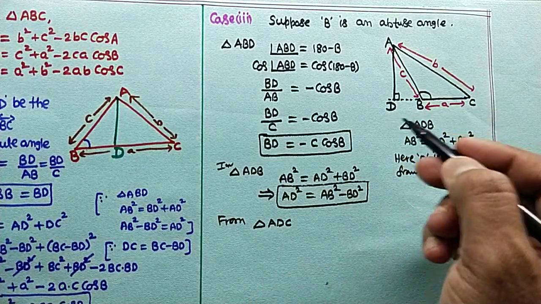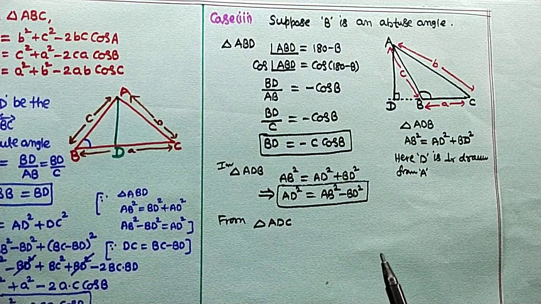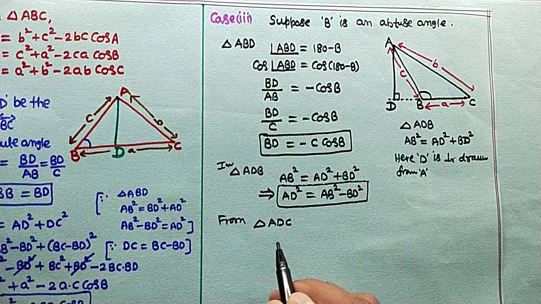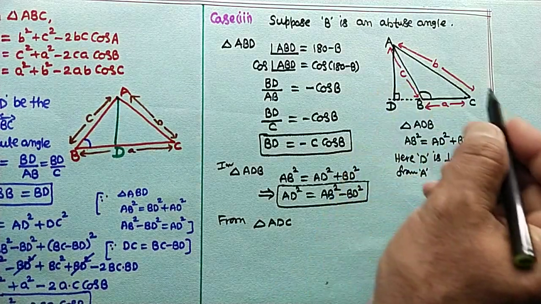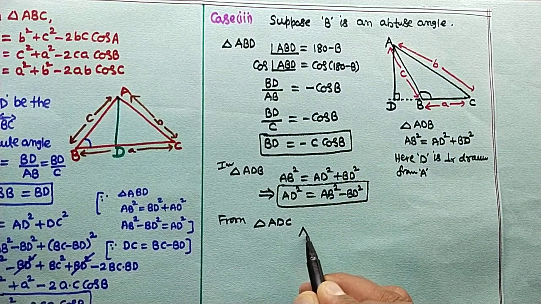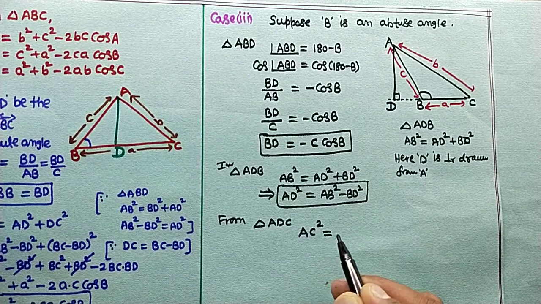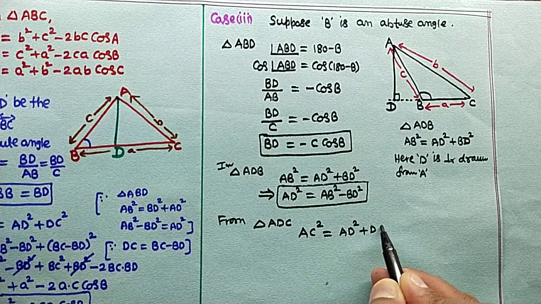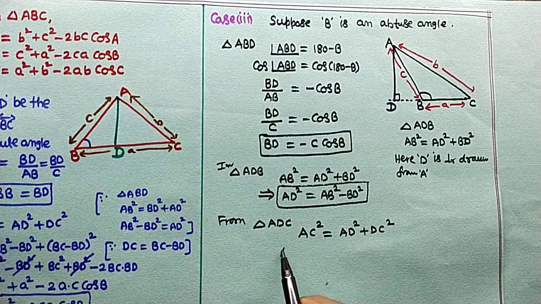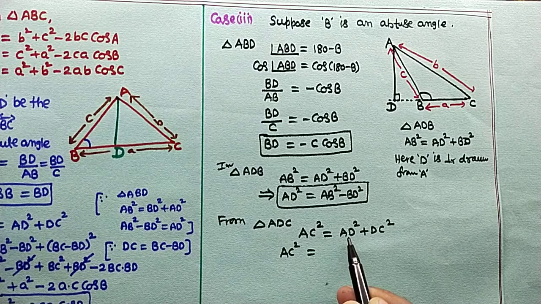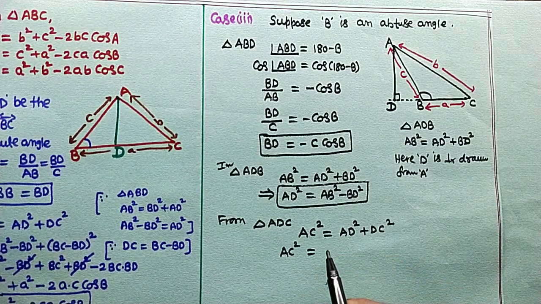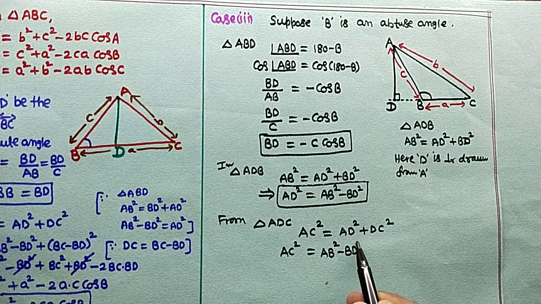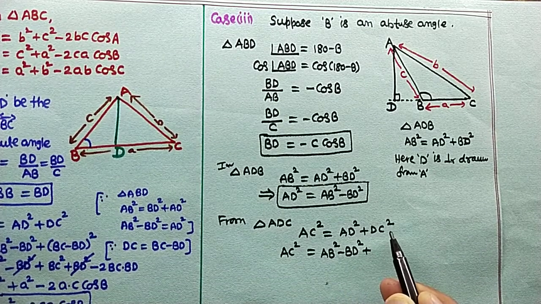From triangle ADC, again you have to apply the Pythagoras theorem. At D it is a right angle, clearly from this figure. The hypotenuse square is AC square, so AC square is equal to AD square plus DC square. AC square equals AD square, which we got in the box, that is the reason I wrote it previously: AB square minus BD square plus DC square.